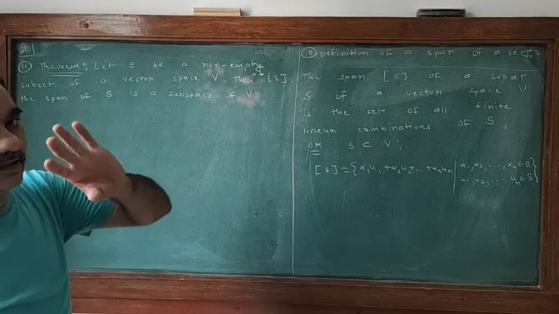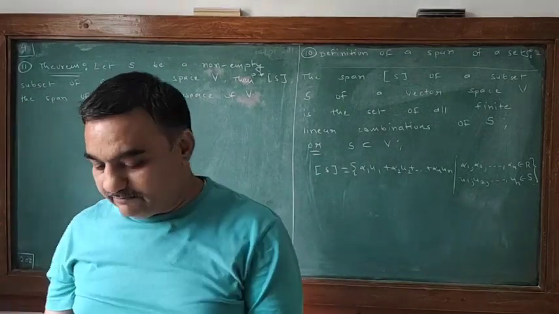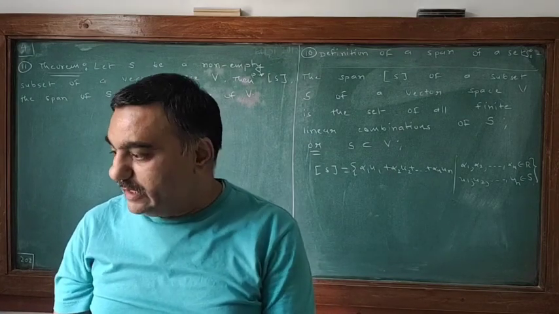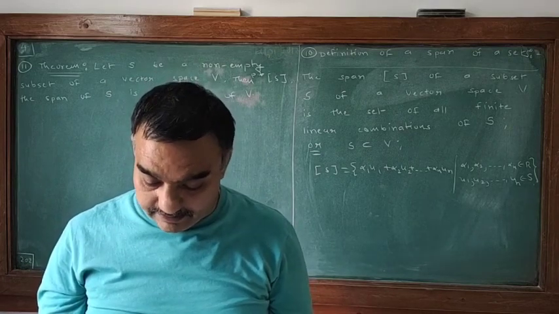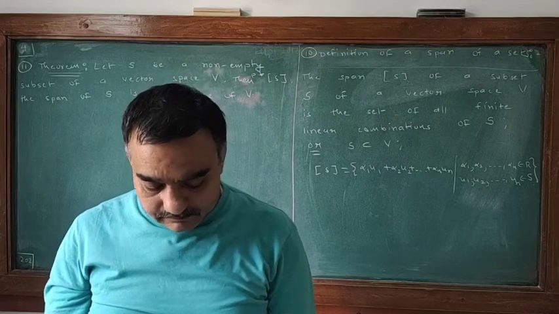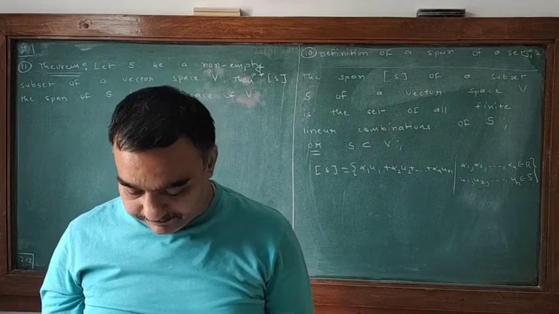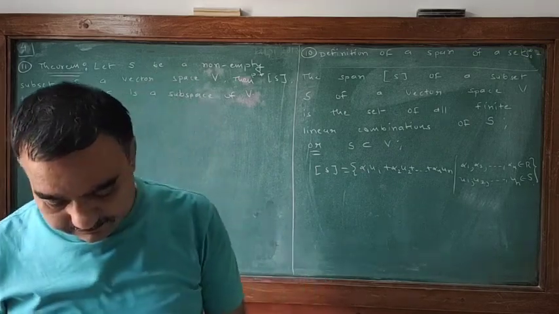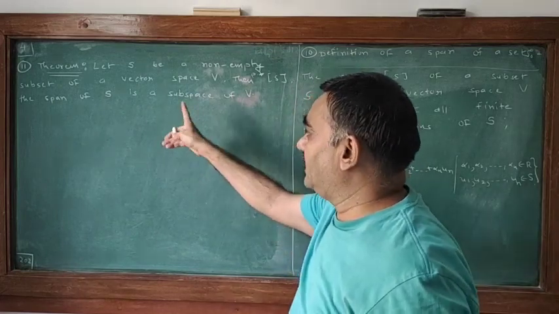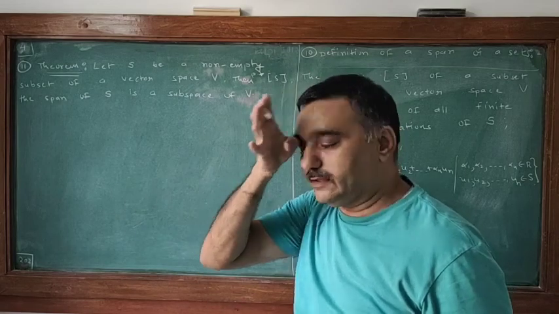For that, we have to use the theorem which we proved in the previous lecture, not today's lecture. That is theorem 8. To prove that span S is a subspace of V, we are going to use theorem number 8.